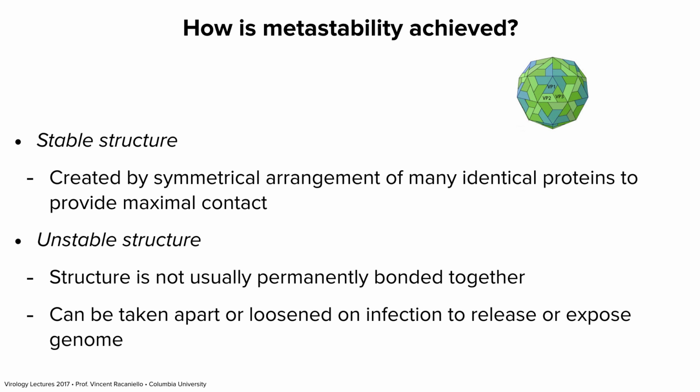Upon the provision of a signal, they don't just spontaneously uncoat. On the provision of a signal, the proteins will come apart because of the energy built into them and release the genome. So that's the basis for metastability. And we'll look at this a little bit more next time when we talk about uncoating, and we'll also revisit it when we talk about how viruses are put together.